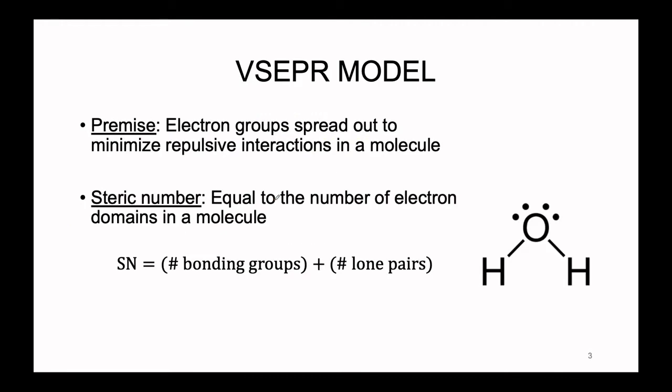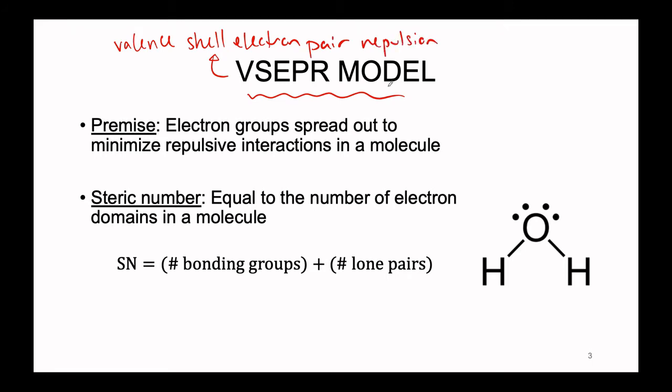Our ability to predict the 3D geometry of our molecules is explained by the VSEPR model, where VSEPR is an acronym that stands for Valence Shell Electron Pair Repulsion Model.